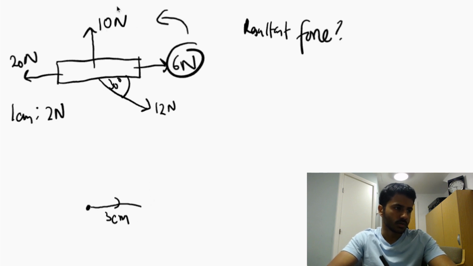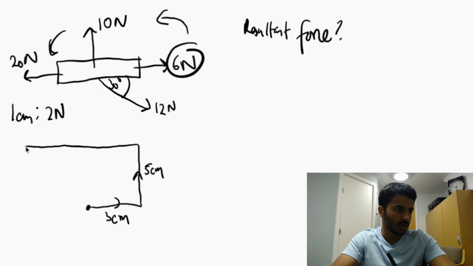And the next force that comes along is this 10 Newton one, and that's directly upwards. So that will be of length 5 centimeters. Then the 20 Newton one is the next one, so you're going around this direction, 20 newtons, and that's going to be 10 centimeters. That'll probably go all the way along there somewhere, 10 centimeters.